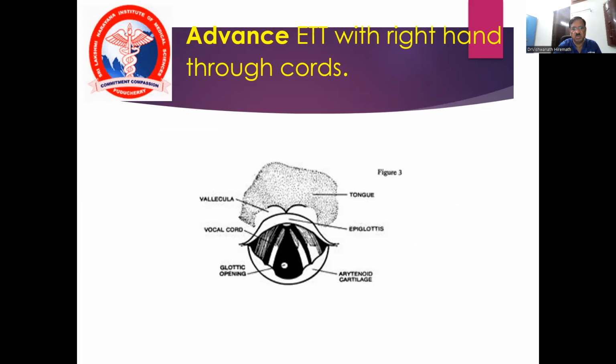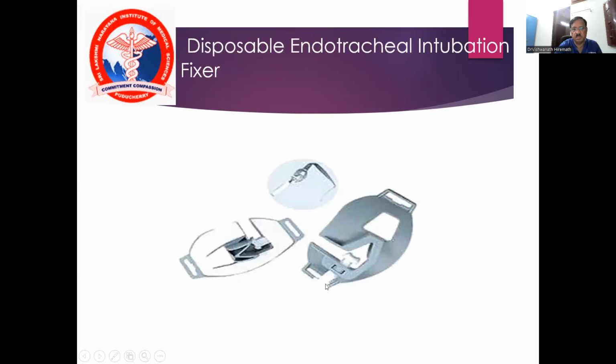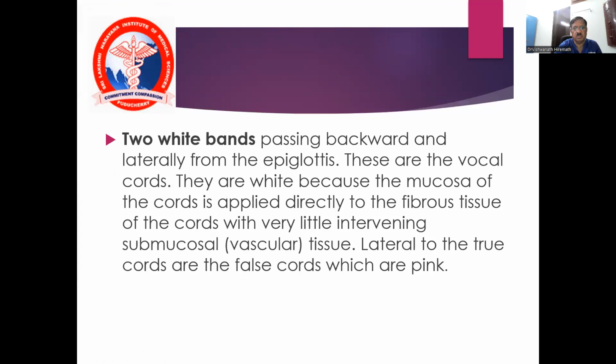These are the vocal cords. They are white because the mucosa of the cord is applied directly to the fibrous tissue of the cords with very little intervening submucosa.